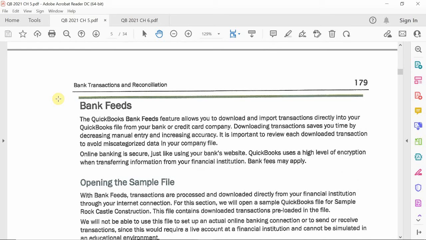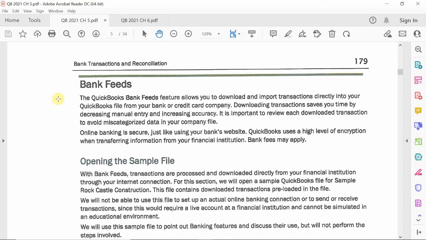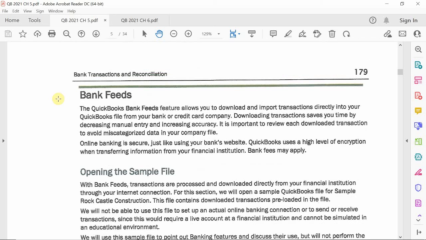That means Intuit will be logged into your actual banking account at all times whenever you need it, and it will have what's called bank feeds. This is new to QuickBooks 2020. It does explain here that they're still working on making it better. But bank feeds is definitely new to QuickBooks.